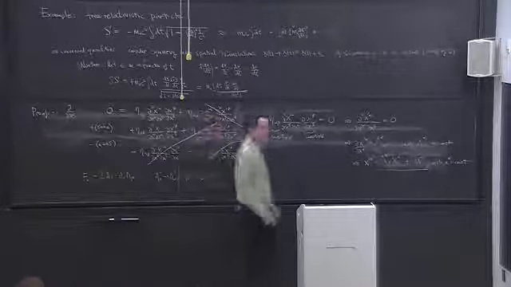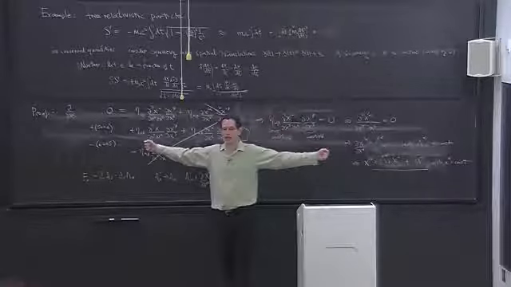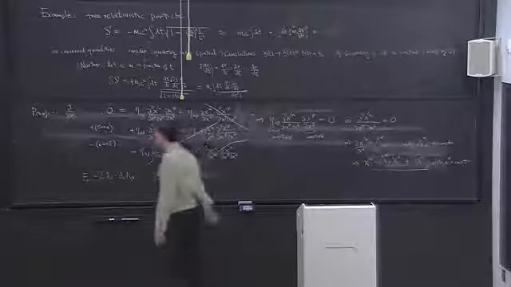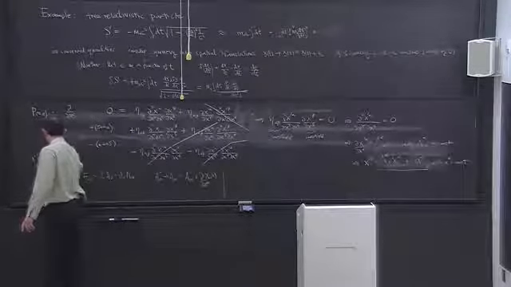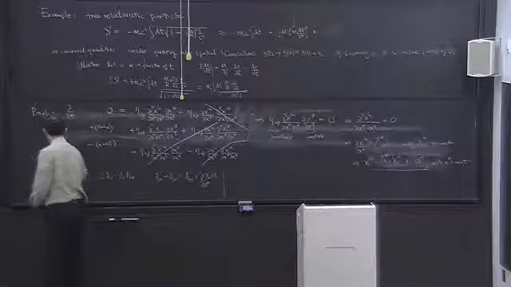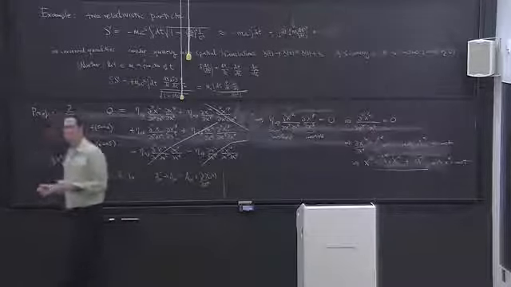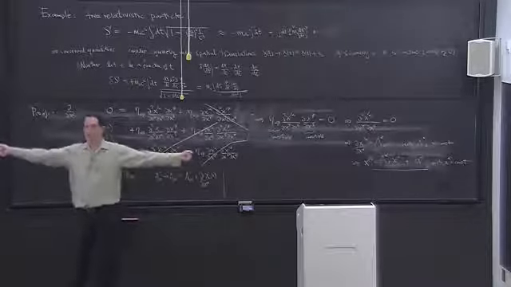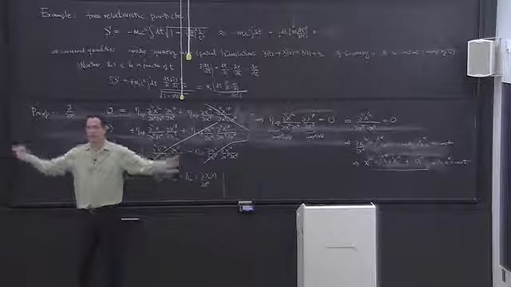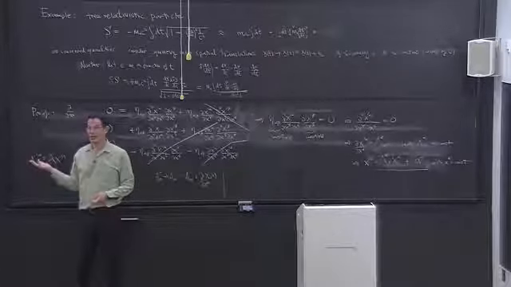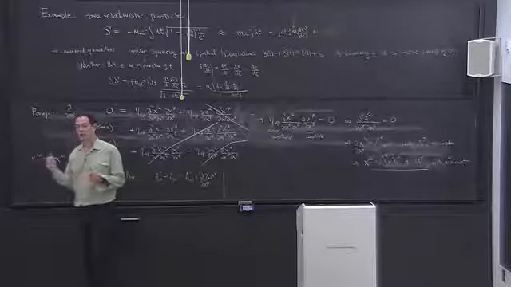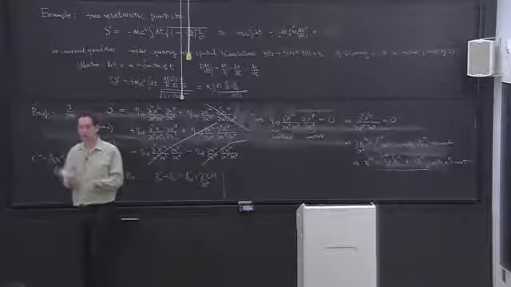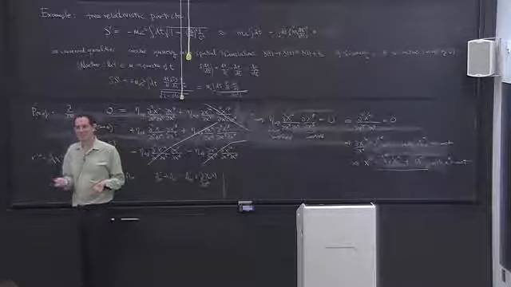So Maxwell theory has another symmetry, which is that if you change scale, if you do the transformation x prime mu equals lambda x mu, that's called a dilatation. I just stretch all the coordinates. Okay? Maxwell's theory is invariant under this transformation. In fact, that's not all, because this transformation is part of a bigger group called conformal transformations. And Maxwell's theory is invariant under conformal transformations.